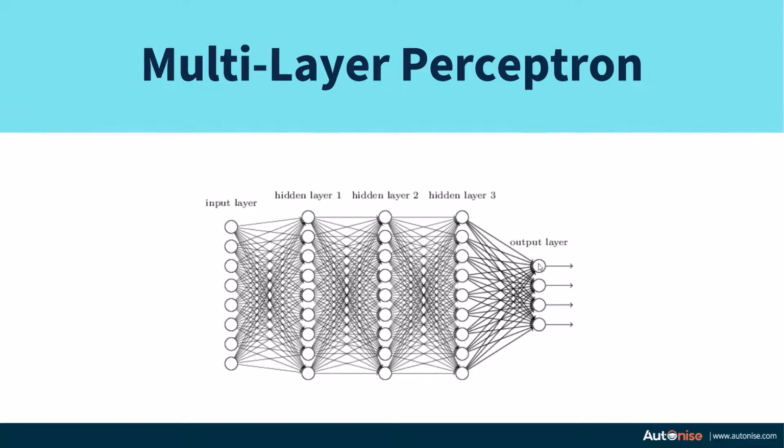So if the output is a dog, then the first neuron becomes 1, and all the other neurons should have an output of 0. If it's a cat, then the second neuron has an output or activation of 1, and all other neurons are 0.